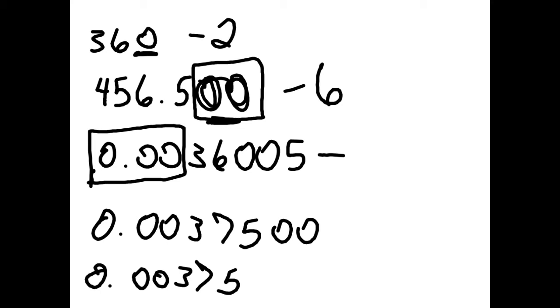Okay? All right. So how about these zeros? Yes. They're sandwiched, right? So they're definitely significant. So how many significant figures do I have in this number? 5. Okay, good.